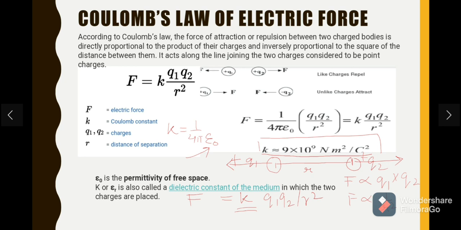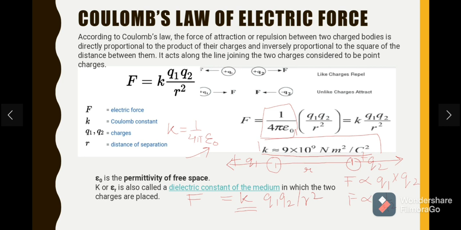Okay, basically understand in this way that this factor of 1 by 4 pi epsilon naught takes care of the fact that the force exerted between two particles is dependent upon the medium between the two particles.